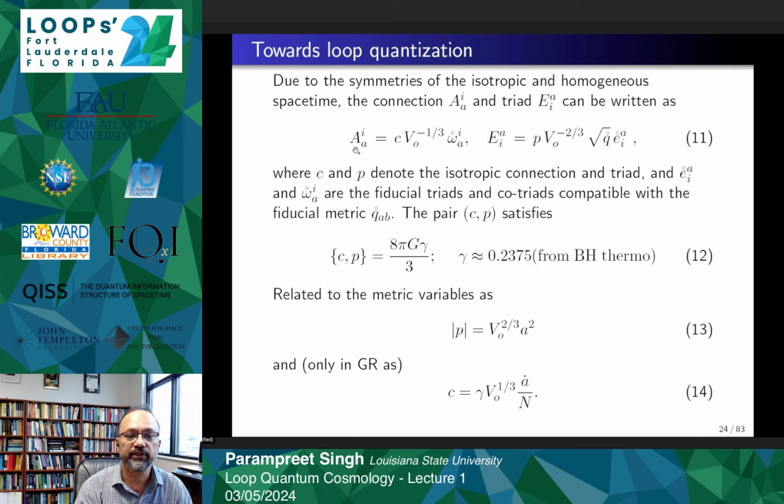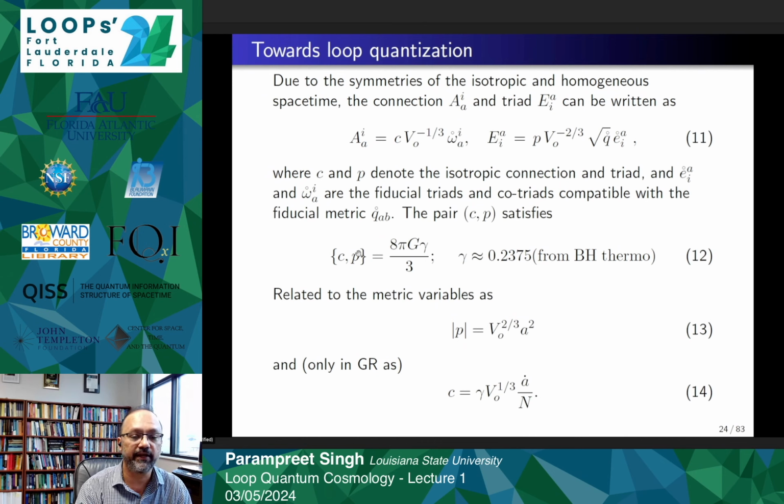The Ashtekar connection and the triad are completely captured by these c's and p's now, which satisfy this Poisson bracket, c comma p equal to 8 pi G gamma by 3, where gamma is the Barbero-Immirzi parameter. And I'm going to fix this value as 0.2375 using black hole thermodynamics in loop quantum gravity throughout the talk.